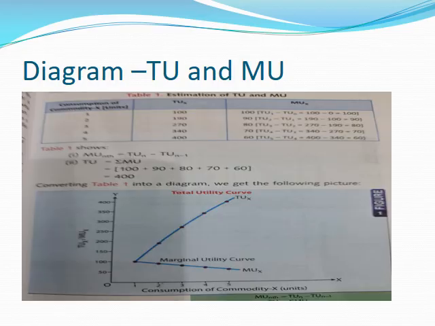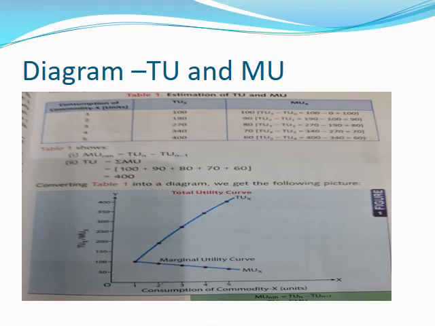Now, the same relation can be understood with the help of a diagram. As I told you earlier also, you should have a copy and pen and draw the diagrams. The units of commodity consumed are taken on the x-axis: 1, 2, 3, 4, 5. Total utility and marginal utility are taken on the y-axis.